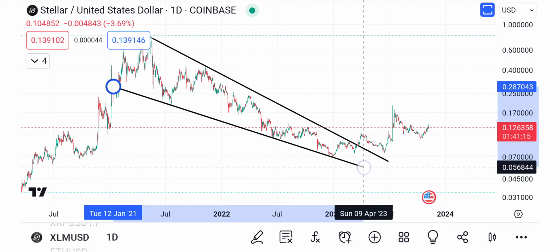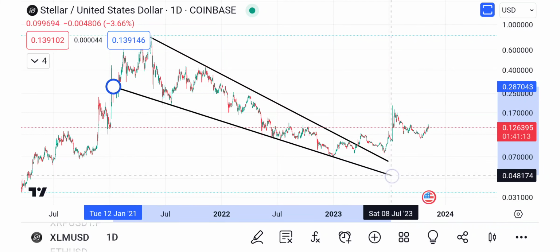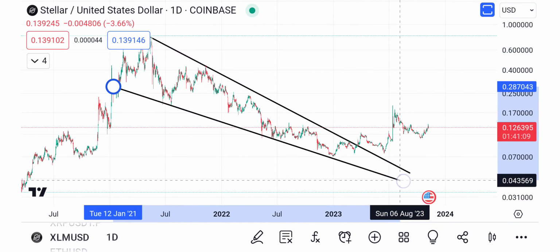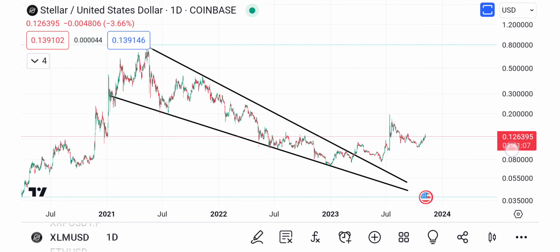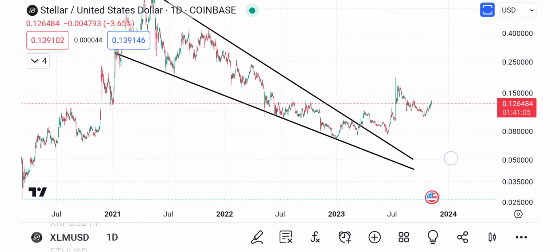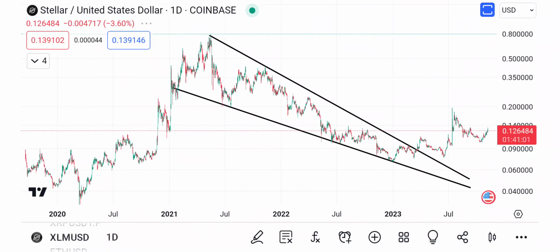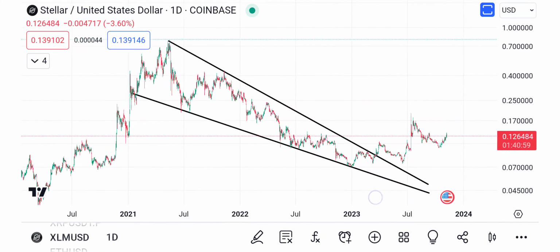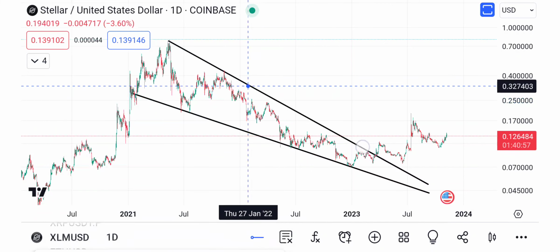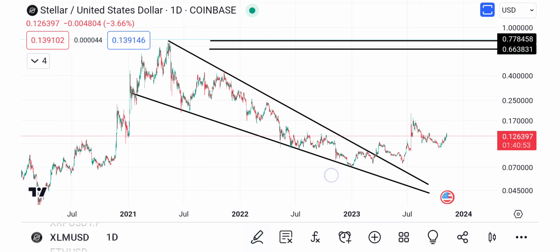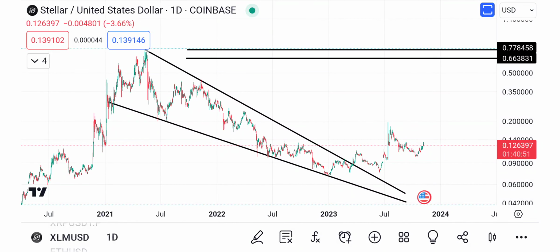This is a monster falling wedge. So we broke out of that falling wedge. And typically when you have a falling wedge, you make it back to the top. That's usually the target, is way up there.